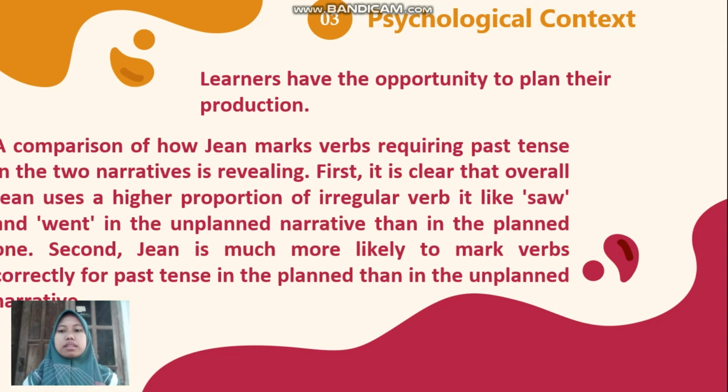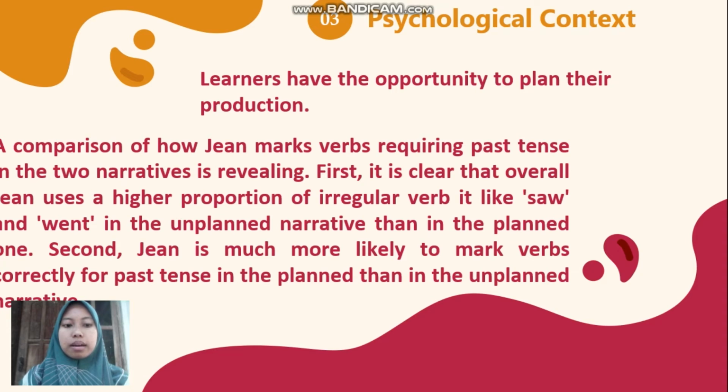Pembelajar mempunyai kesempatan untuk merencanakan produksinya. Contohnya ada pada transkrip halaman 16 di mana narasi lisan yang dibuat oleh Jane setelah dia diberi kesempatan untuk menuliskannya. Kemudian ada transkrip di halaman 27 adalah narasi lisan yang ditulis oleh Jane tanpa ada kesempatan untuk merencanakan sebelumnya.